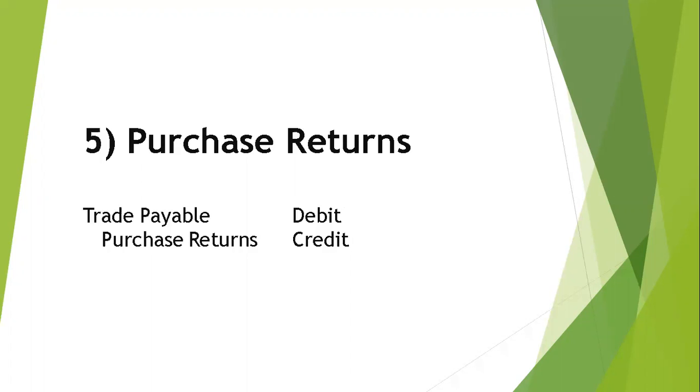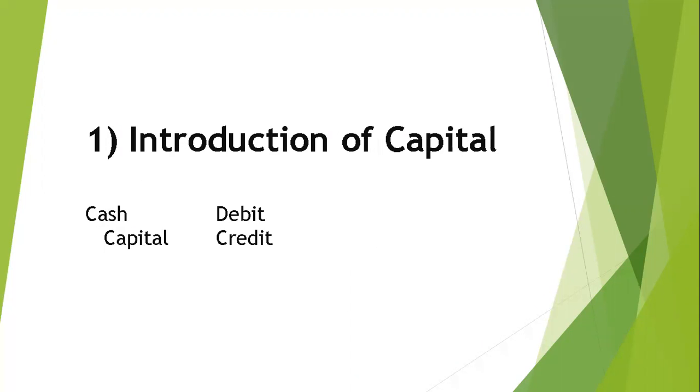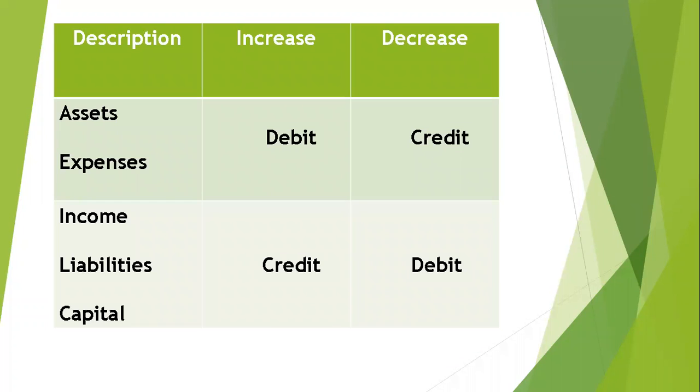Most students get confused in this area because they try to register it in the purchase account. So carefully note this point. Purchase returns is another account. When we return a purchase, we register it in the purchase returns account. As we know, purchase is an expense account. At the same time, purchase returns is an income account.